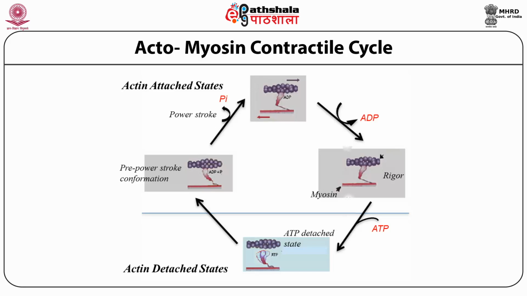That causes the movement of actin relative to myosin, and this is where the sliding of the filaments takes place. Then ADP is released, and the myosin binds strongly to F-actin and comes back to the rigor state. This cycle continues and causes the myosin movement over actin, or muscle contraction.